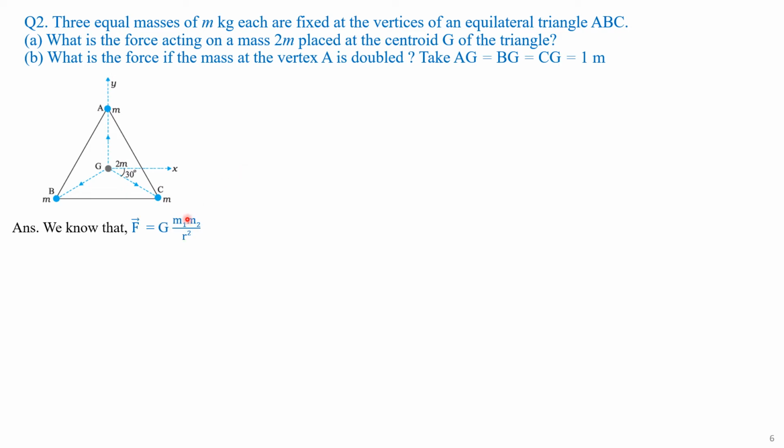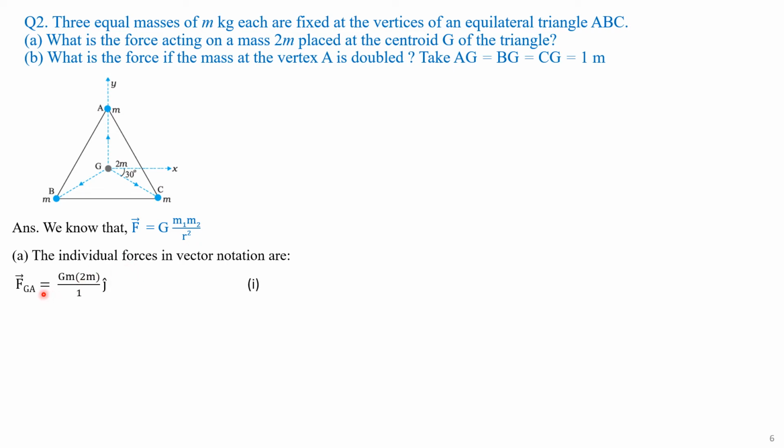We know that the force F is given by the formula F = G M1 M2 / R². Using this formula, we will calculate the individual forces in vectorial notation.